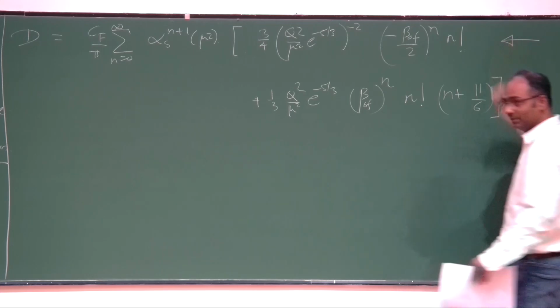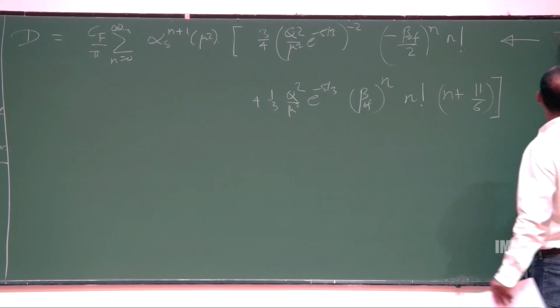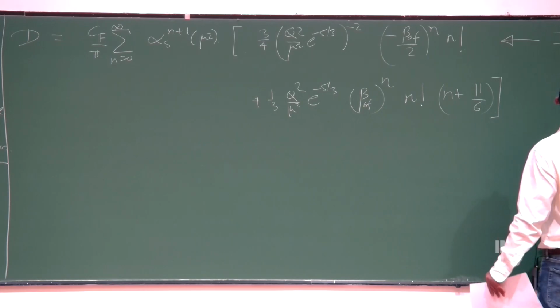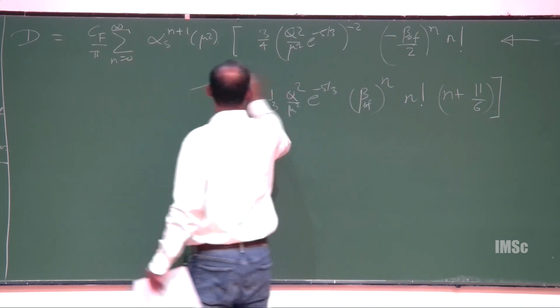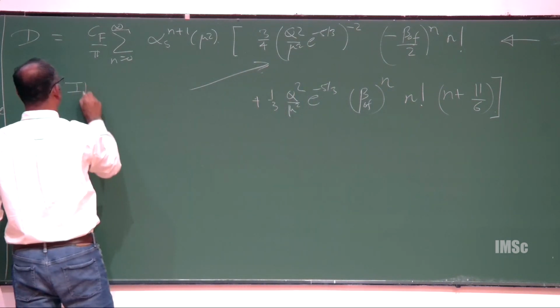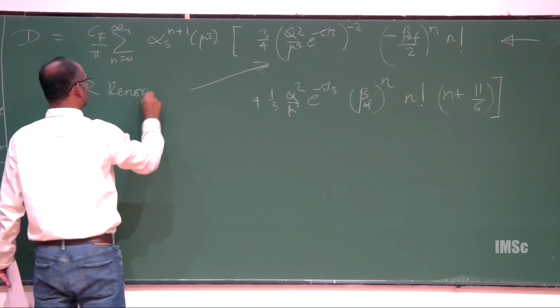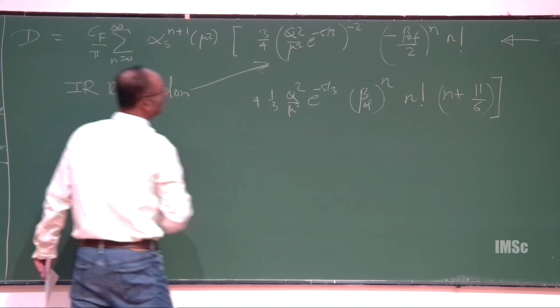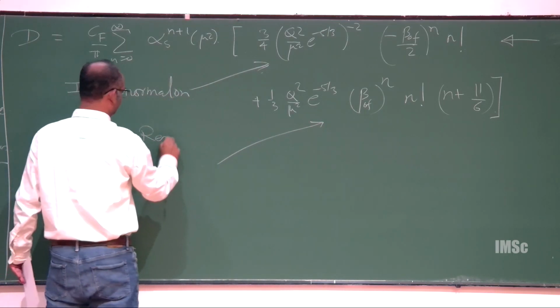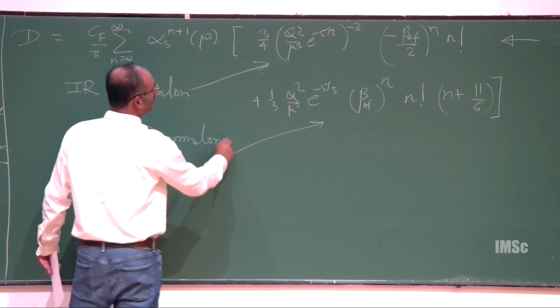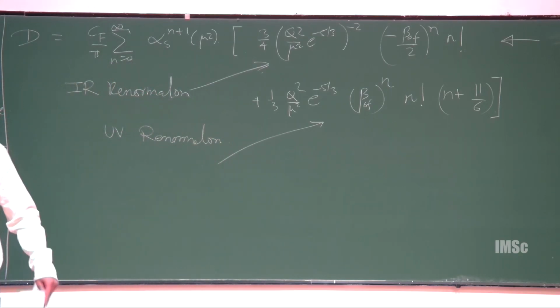This factorial growth is called IR renormalon. And this one is similarly called UV renormalon. If you have many of them, they are called renormalons. So that's the terminology we have for things which are growing factorially.